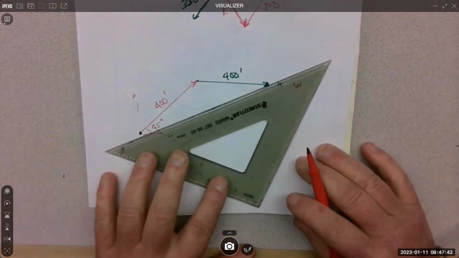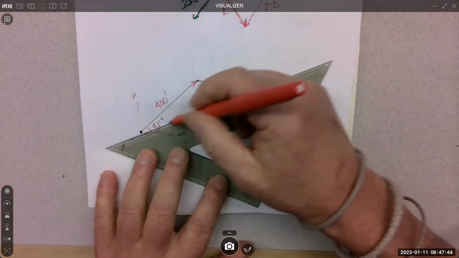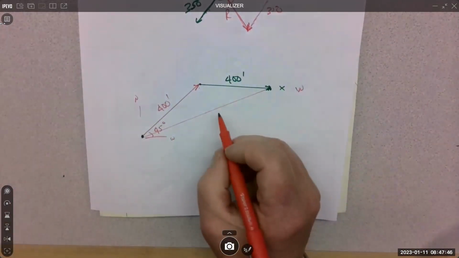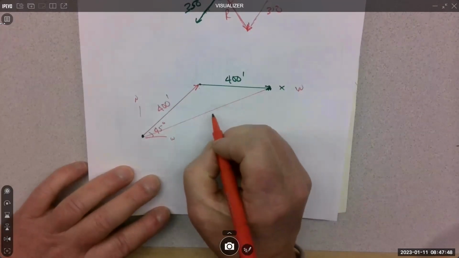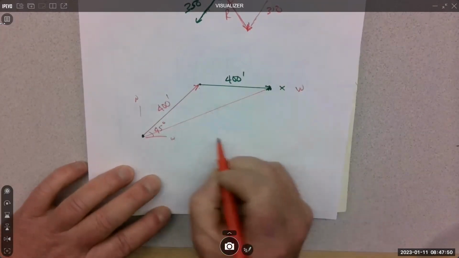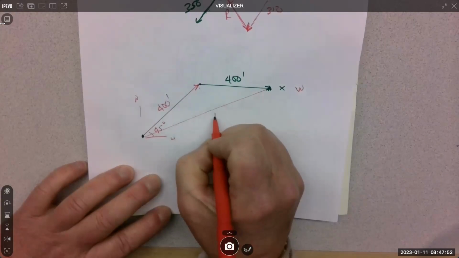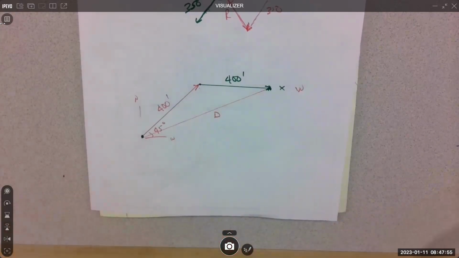So again, what you want to know is that. How far, I'll call it, I don't want to call it X because it's not on the X. I don't want to call it Y. I'll call it D for distance. We kind of reserve X and Y variables for X distances and Y distances.